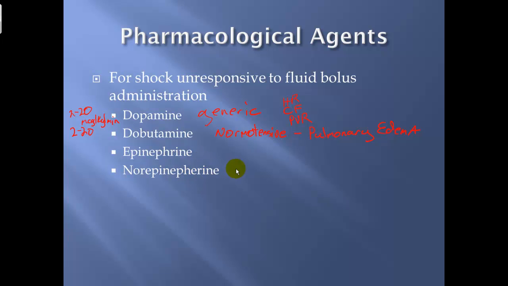Norepinephrine. This is a distributive shock medication, and it gives us an alpha 1 response.